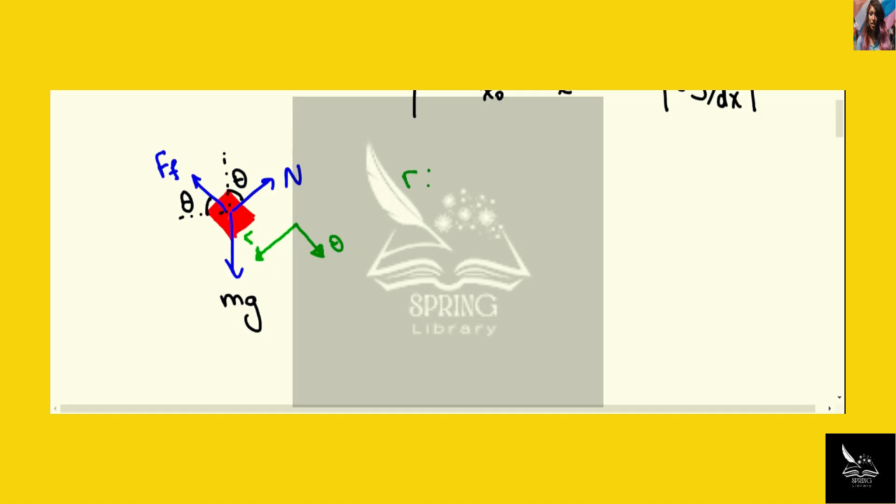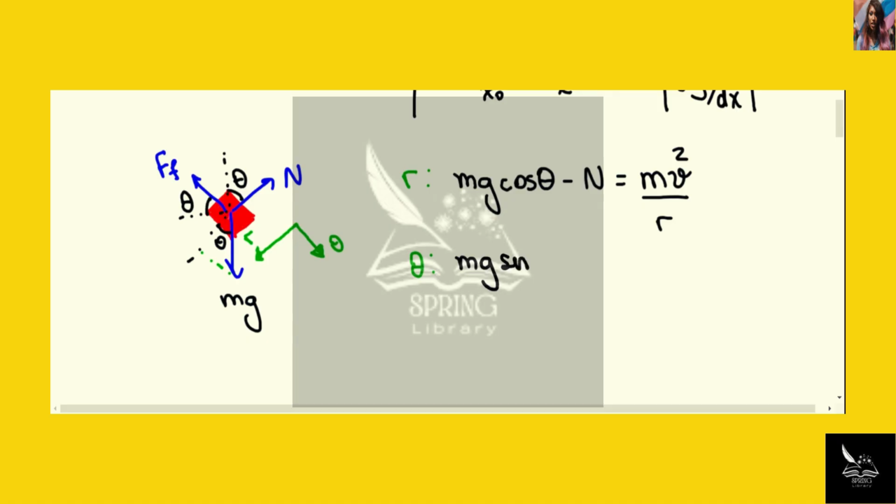In the r coordinate, we have mg times the cosine of theta minus the normal is equal to m times the centripetal acceleration, which, as I said, is v squared over r. In the theta coordinate, the tangential coordinate, we have mg sine theta minus the frictional force is equal to m times the tangential acceleration.